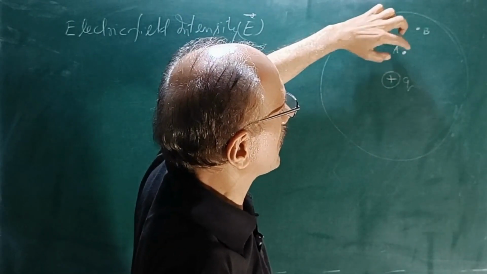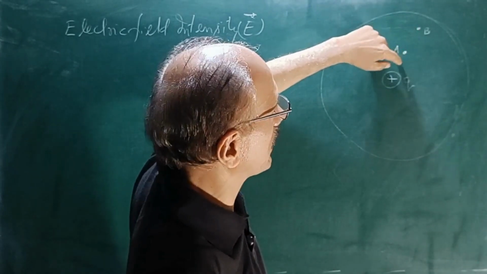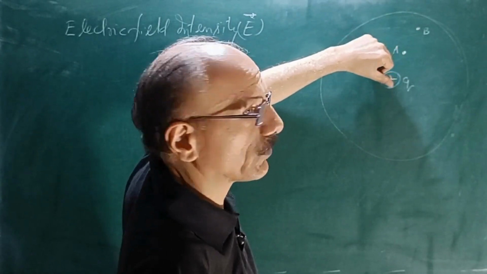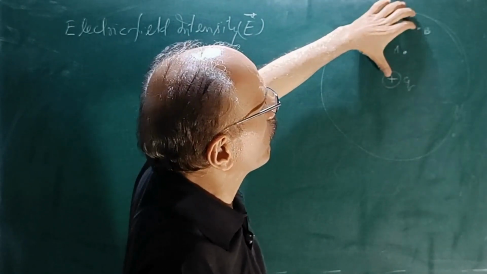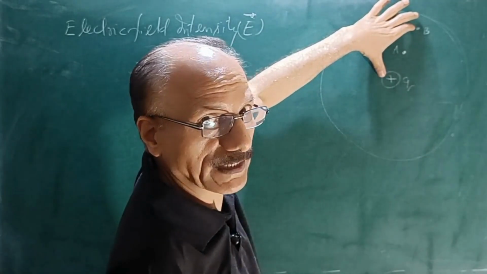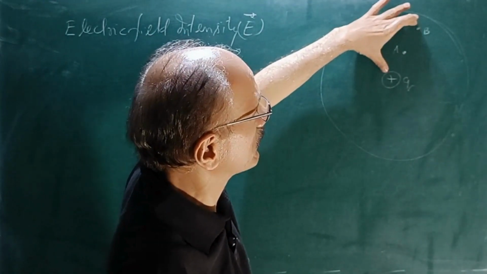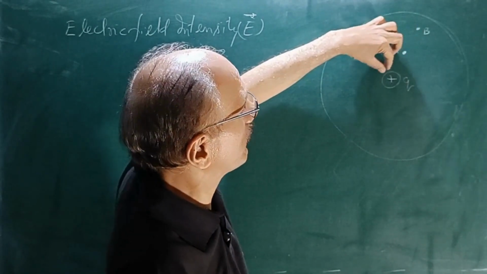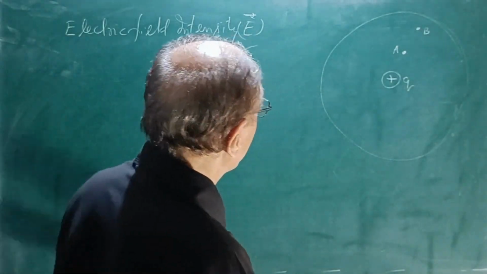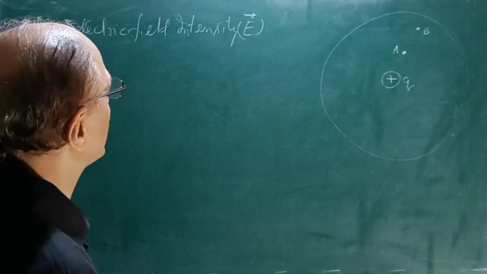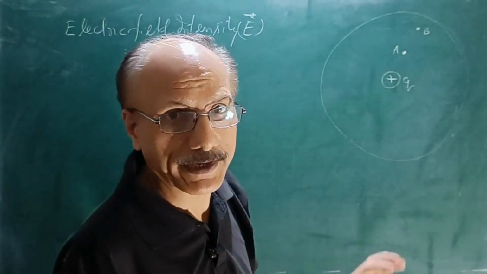If the charge brought here is positive, this will repel, and if the charge brought is negative, it is going to attract. If the same charge is placed at B, then this time the force of interaction will be less or higher? Of course, since the distance is large, the force of interaction will be less. So the intensity can be defined as the force experienced by the charge at that particular point.